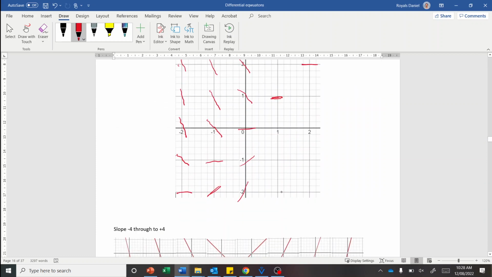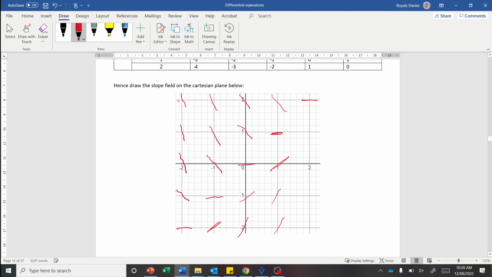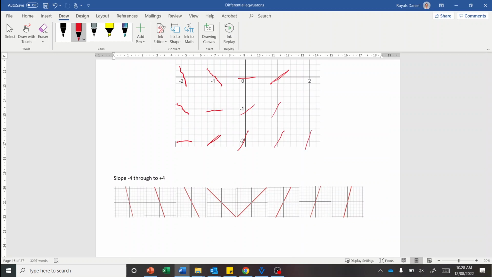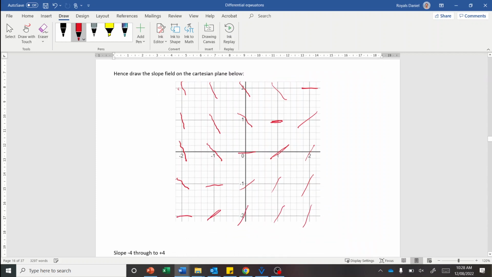Slope of 3, slope of 2, slope of 1, slope of 0, slope of minus 1. And then 4, 3, 2, and 1. All right.